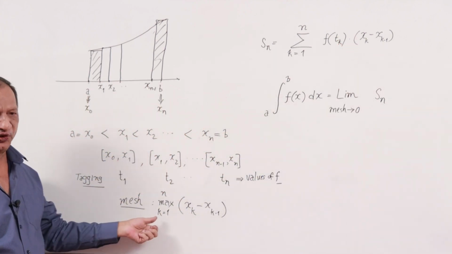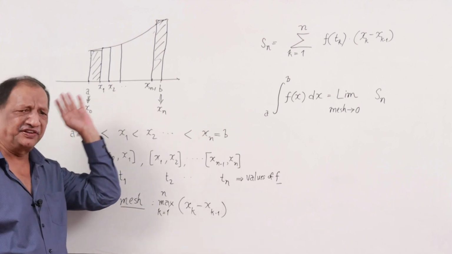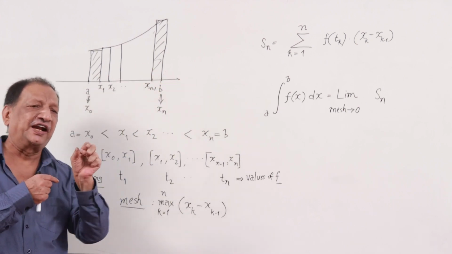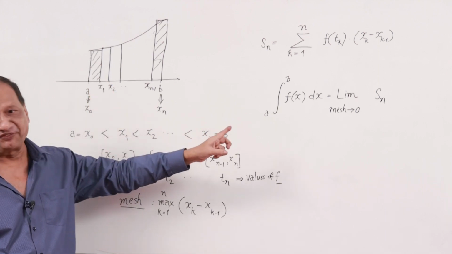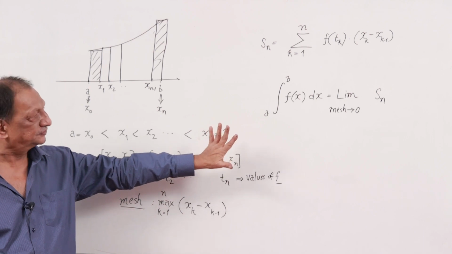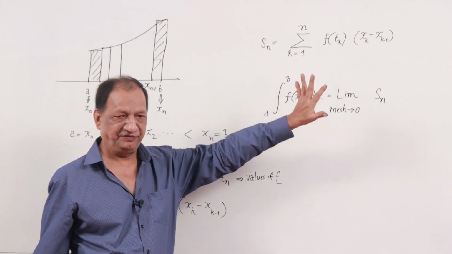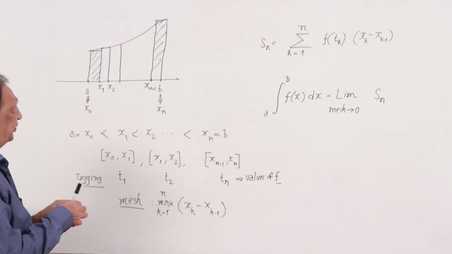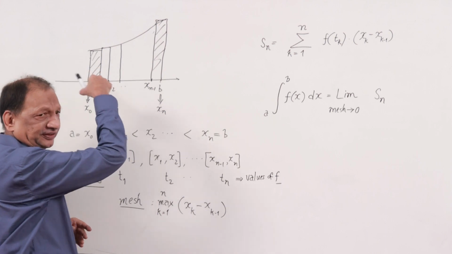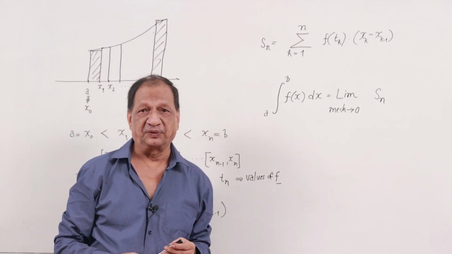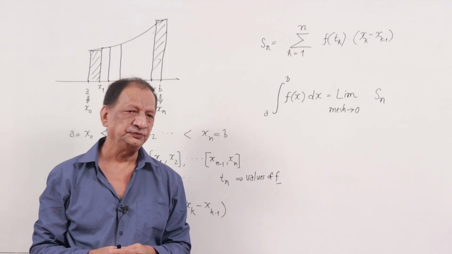The mesh size is the maximum width of one slice. When it goes to 0, obviously everything else goes to 0, and you get an infinite number of those slices, and you will get the area correctly. So that is the definition of the definite integral of a function from A to B. What we are trying to compute is the area under this curve from A to B. Okay? Now we'll see how we can use this effectively.